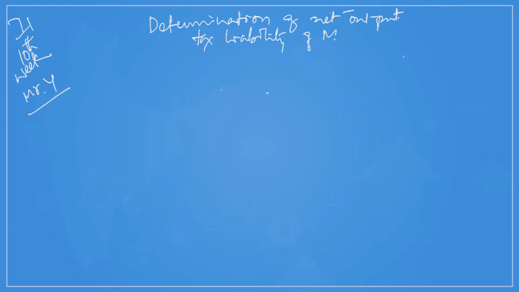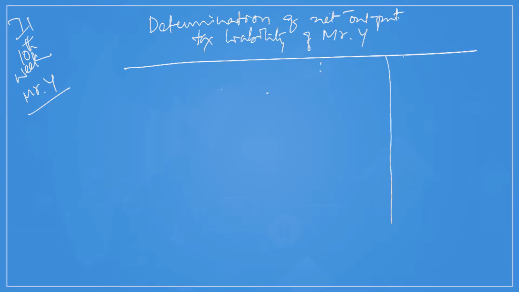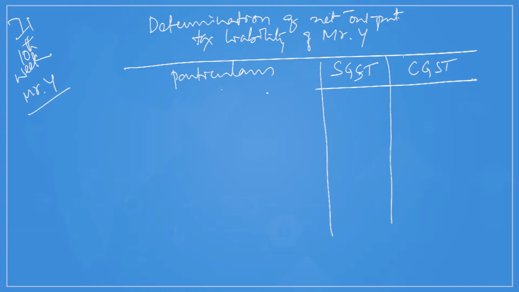Determination of net output tax liability of Mr. Y. Here output tax liability is both CGST and SGST. Let us determine SGST, CGST. First consider GST payable on outward supply.